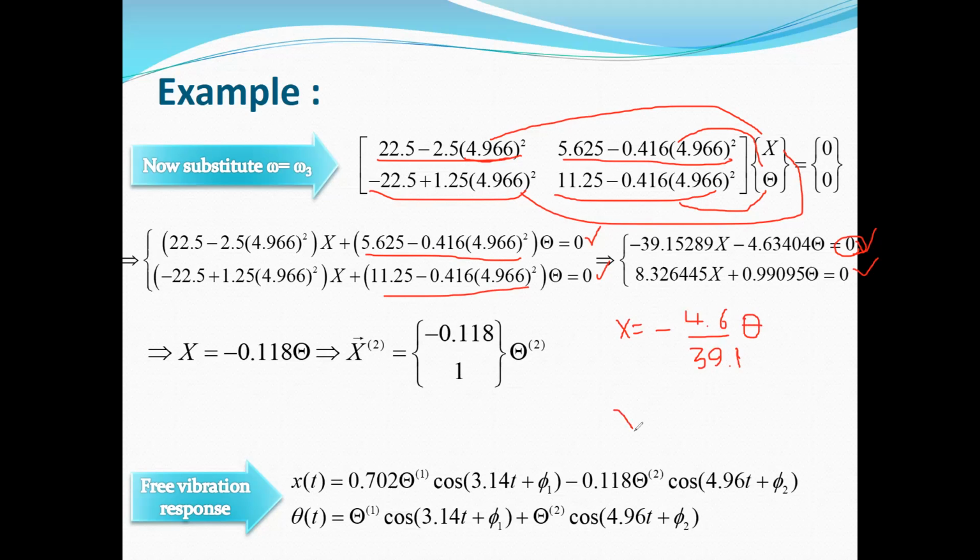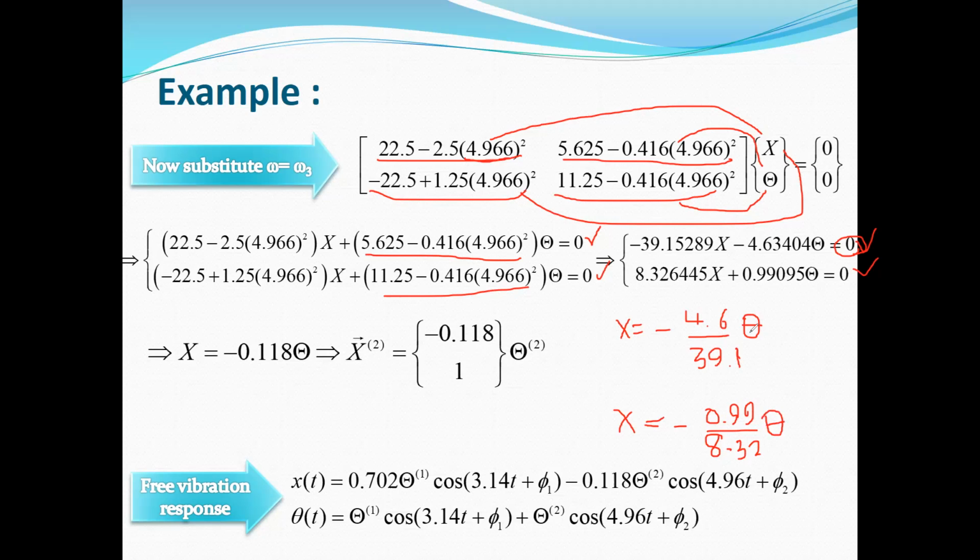From the second equation, you can conclude that X is equal to, again, minus 0.9909 divided by 8.3264 times theta.